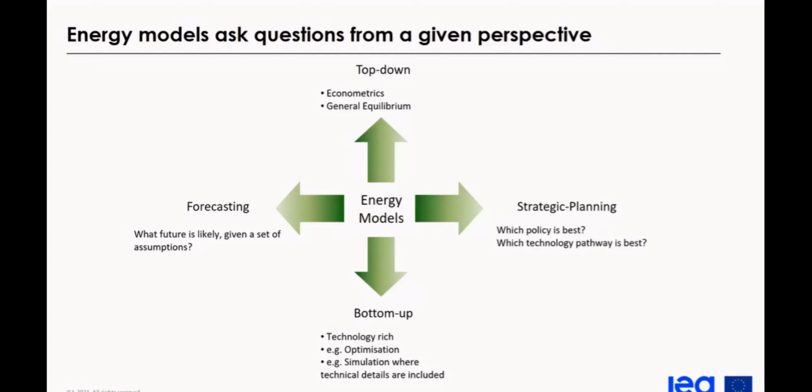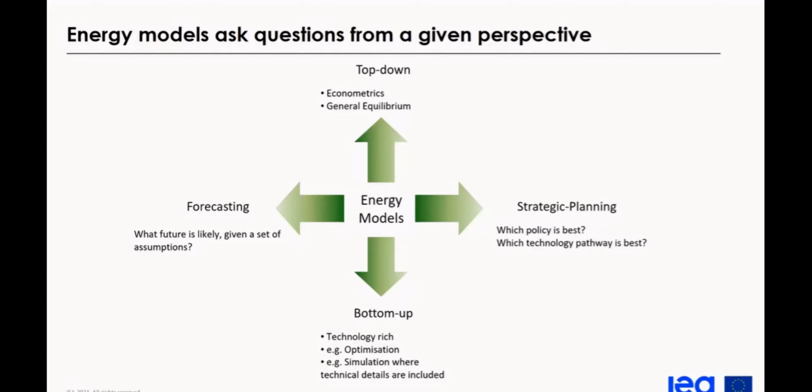And on the right end of the slide, you can see another approach, which is strategic planning. This is a normative methodology where we set an objective, universal access to electricity, reduction of CO2 emissions as per our climate agreement, and we try to deduct and backcast what would be the pathway to get there.